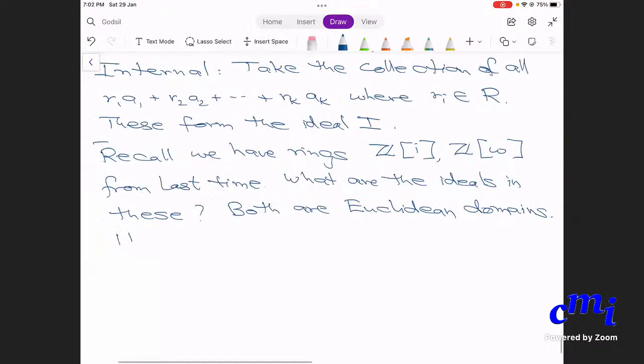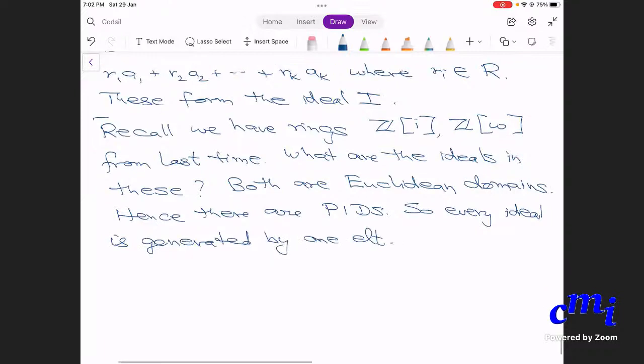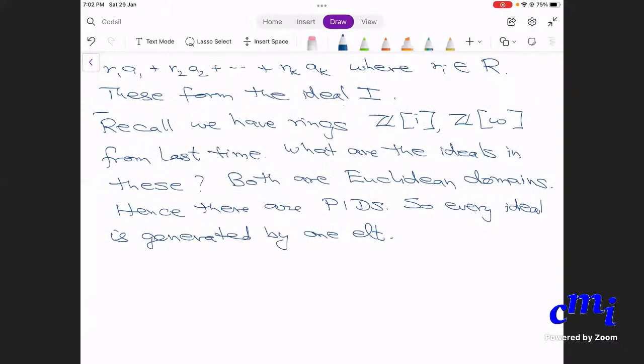And hence, it's a result that they are both principal ideal domains, hence they are PIDs. So every ideal is generated by one element. So in these rings, every ideal is generated by one element.